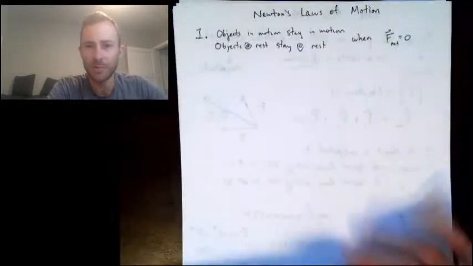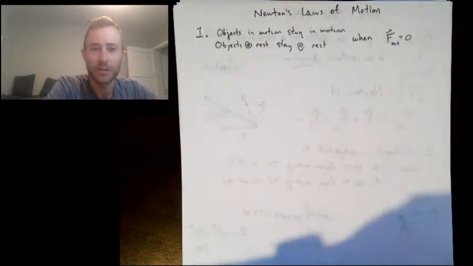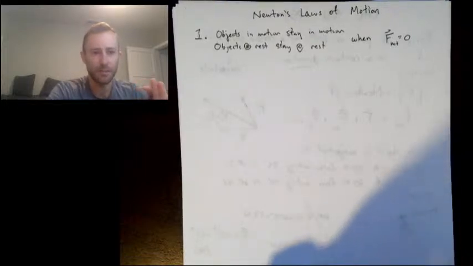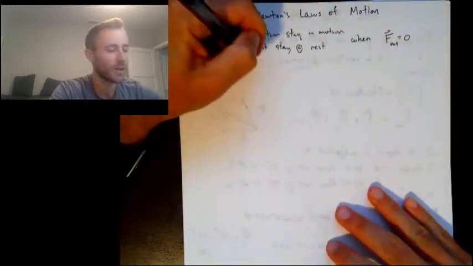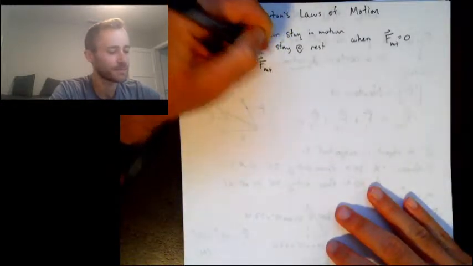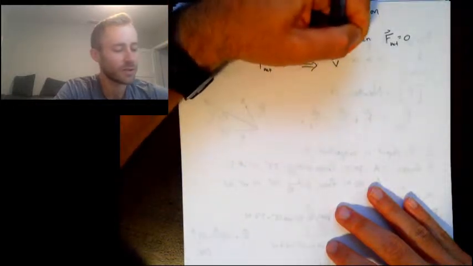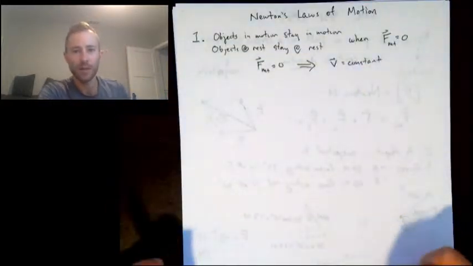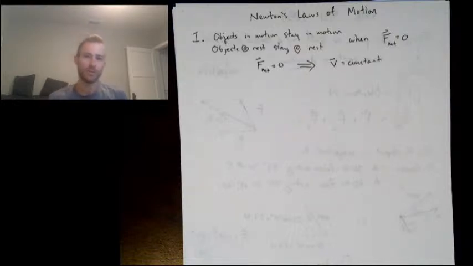So any time that the net force is 0, if it's in motion, it's going to stay in motion. If it's at rest, it's going to stay at rest. If I wanted to say this as concisely as possible, I would say that net force equals 0 implies that the velocity is constant. Okay, that's the most concise way of stating Newton's first law of motion.